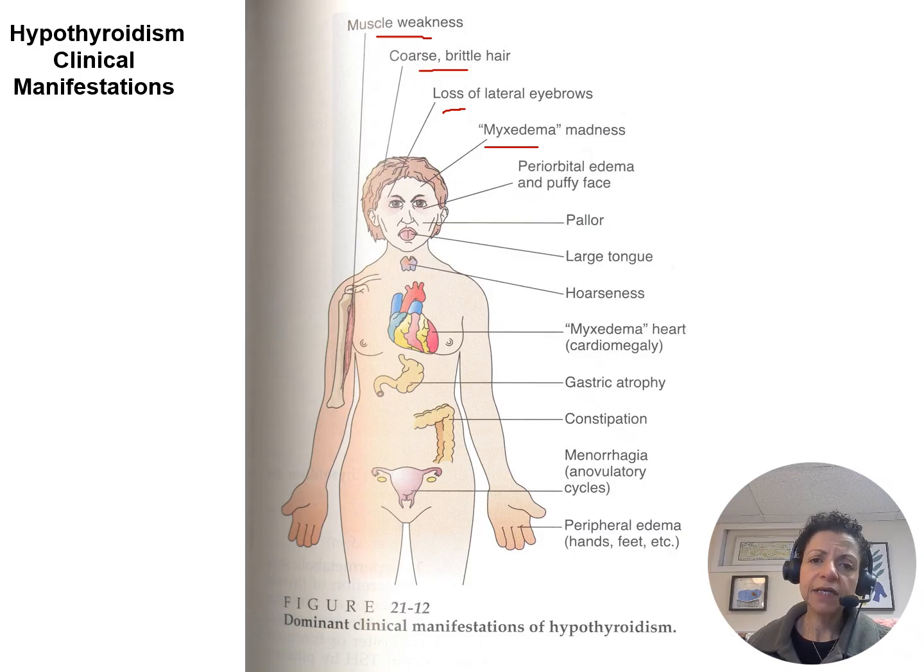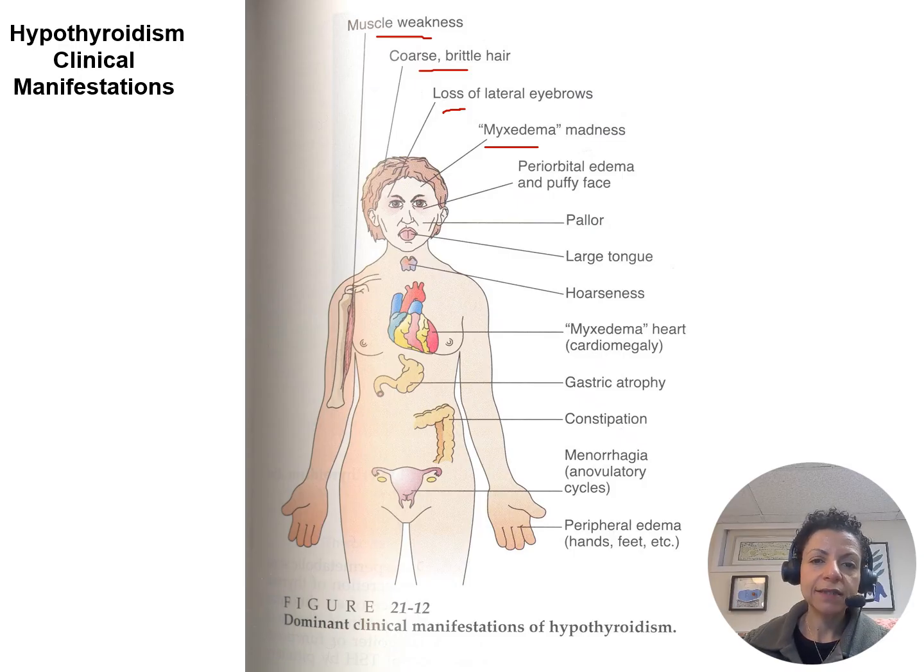So myxedema is something that's going to potentially affect the brain. So you can start to see a change in cognitive function and reasoning. There's something called myxedema madness that is a change in your ability to reason and emotionally regulate.